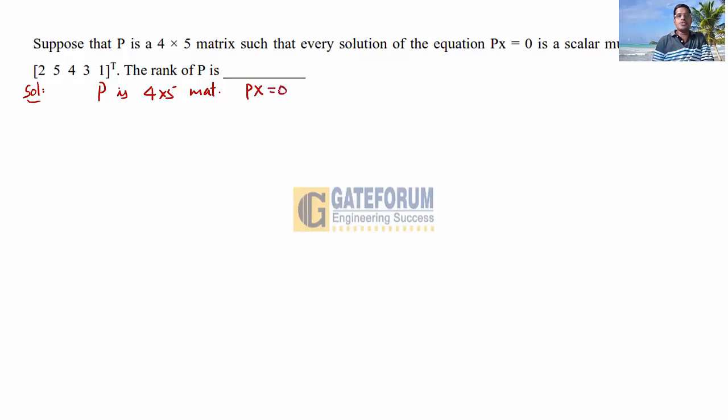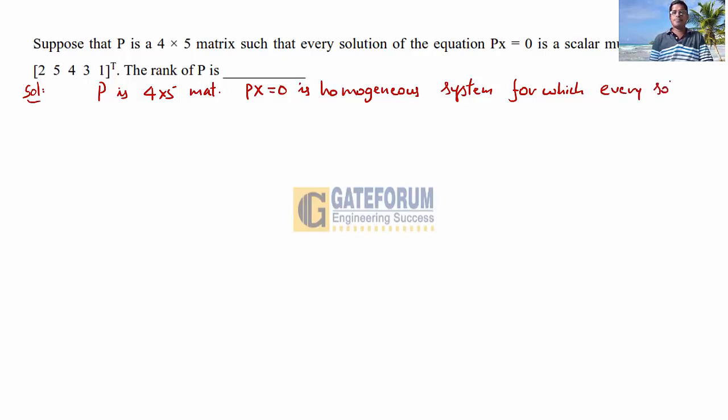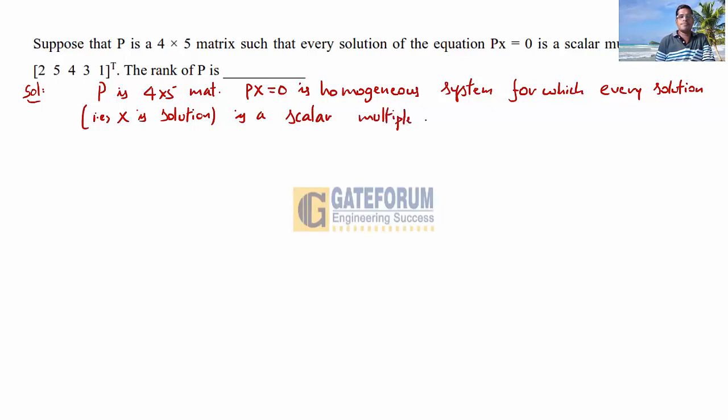Px is equal to 0 is a homogeneous system for which every solution, that is x, capital X, is a scalar multiple of the column vector 2, 5, 4, 3, 1 (row matrix transpose).